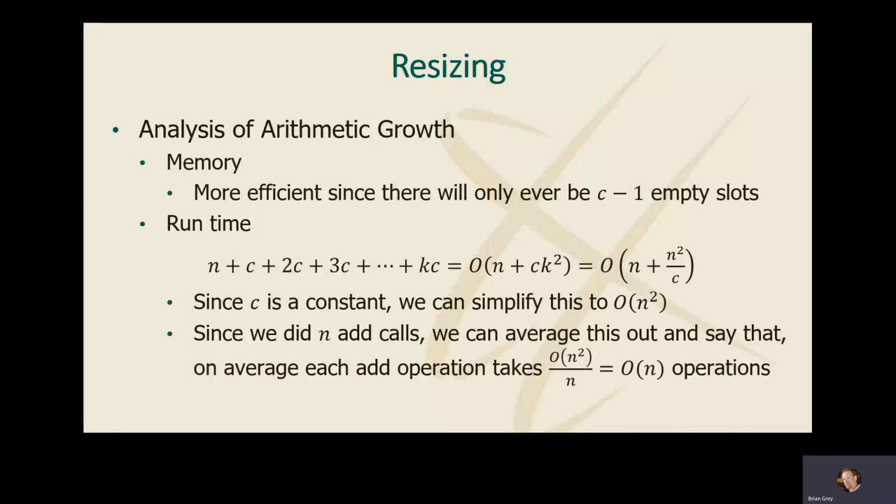We did n calls, so on average, big O of n squared over n, each operation is a linear operation. Some of these are going to be constant, some of these are going to be linear. But on average, each operation is going to be linear.